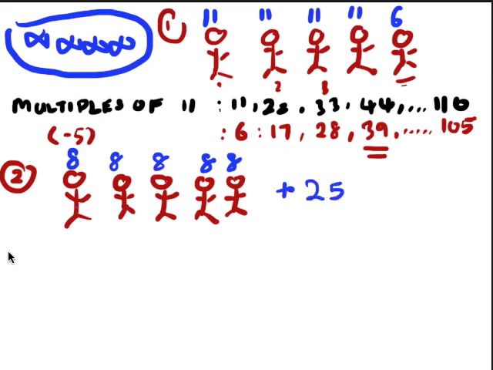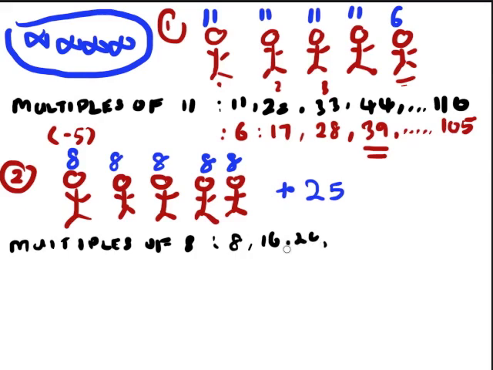So what we do first of all is we take multiples of 8. You simply take 8, 16, 24, 32, 40, 48, and so on, until maybe we take 10 times 8, which is 80.